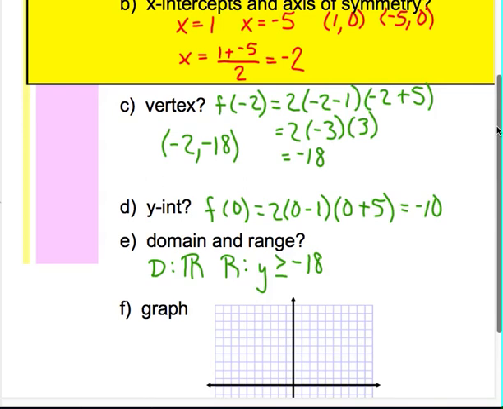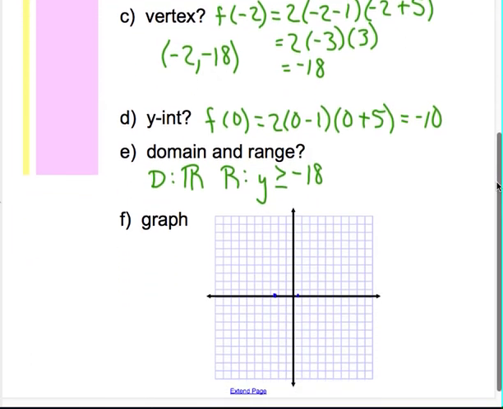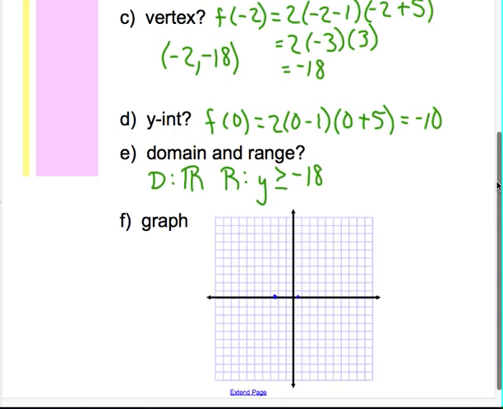So I'm going to go by a scale of 2, since I have a vertex at negative 18. So my first x-intercept at 1, 0, I'm going to plot that at what looks like half 0. And then negative 5, 0 will look like negative 2.5. And then I have my vertex at negative 2, negative 18.